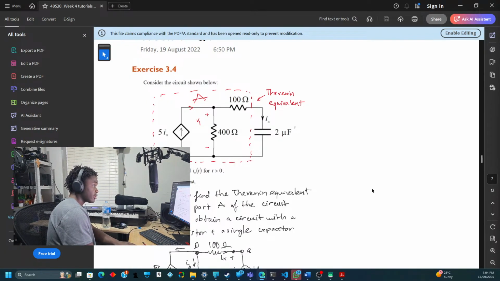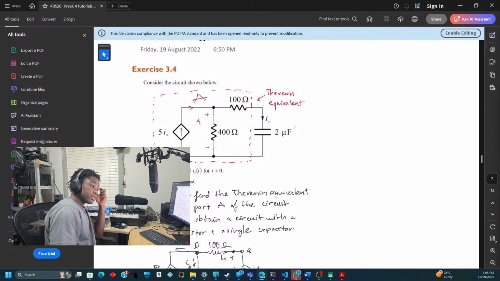We have node A and node B. So I'll get started. Node A and node B. 400, 2, 2, 5, Ix.